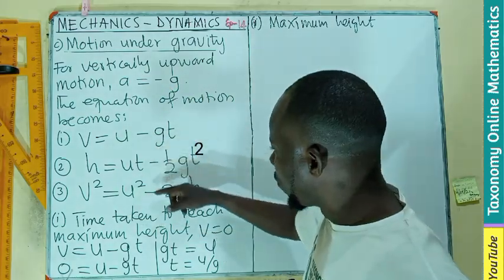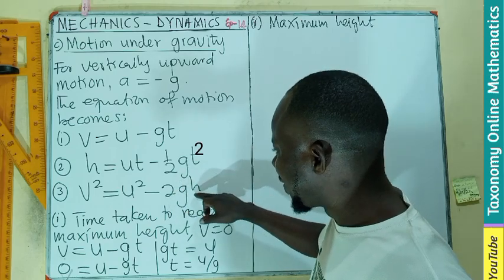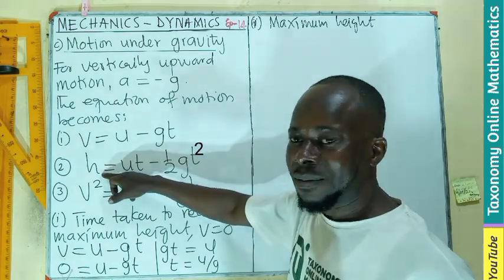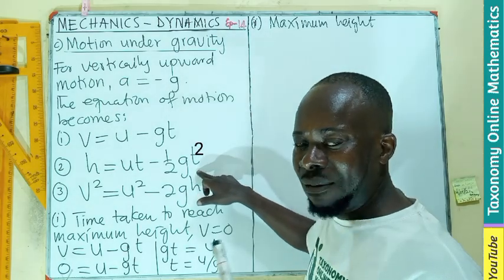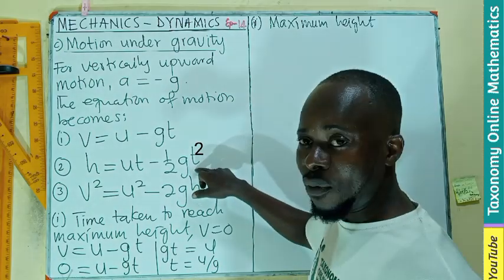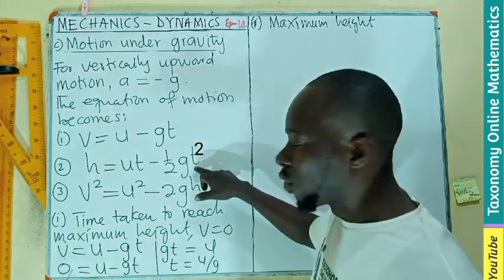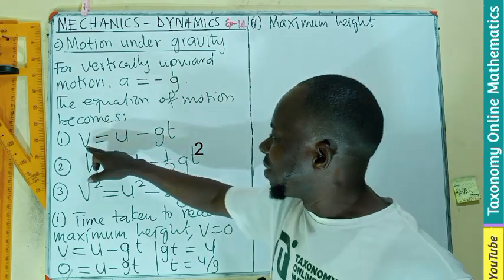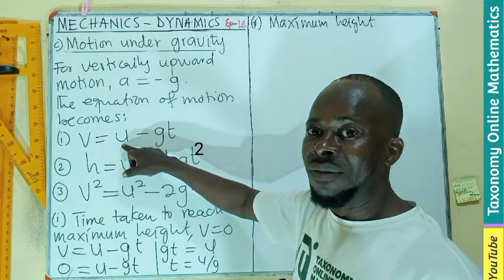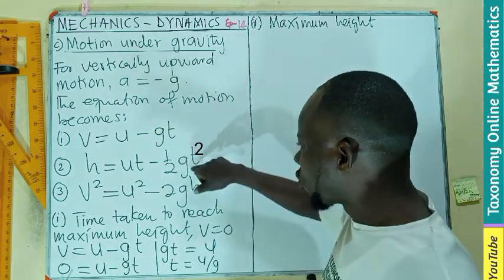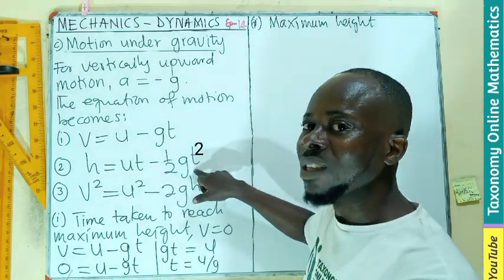So in these two formulas, where can I see height? Height is here, height is here. If the time is given, then we can go for this. But if the time is also not given, but the final velocity, already known to be 0, and the initial velocity are given, you can find the time and slot it into this to find the maximum height.